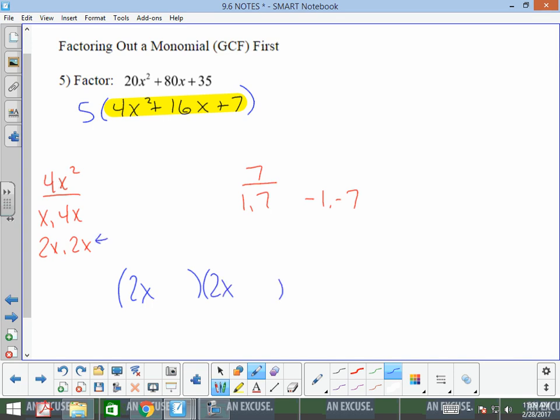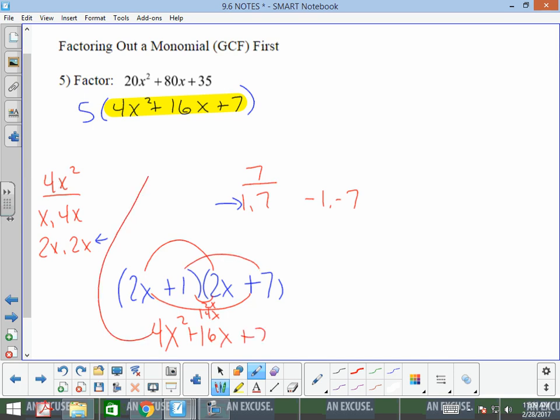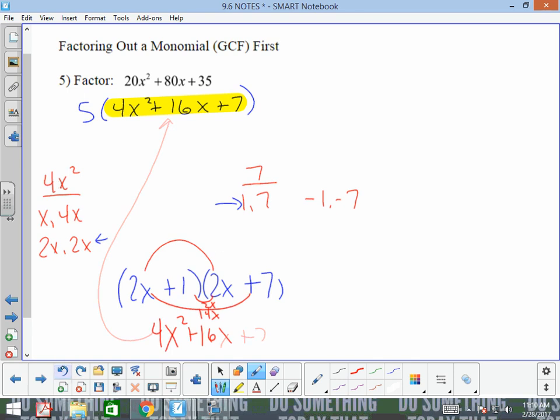So 2x and 2x, and let's use positive 1 and positive 7. So let's check. That's 4x squared, 14x plus 2x, that is 16x, and 1 times 7 is 7. So that is what we have inside that parentheses. So that means that 4x squared plus 16x plus 7 factors into 2x plus 1, 2x plus 7.